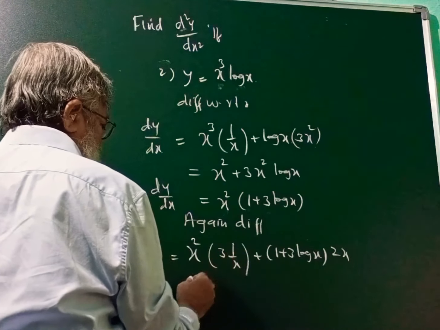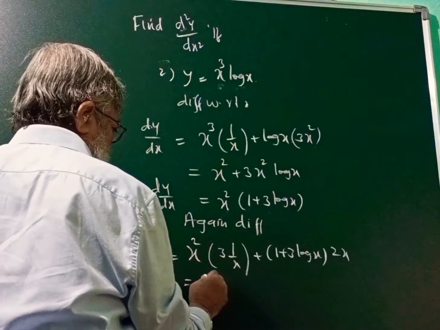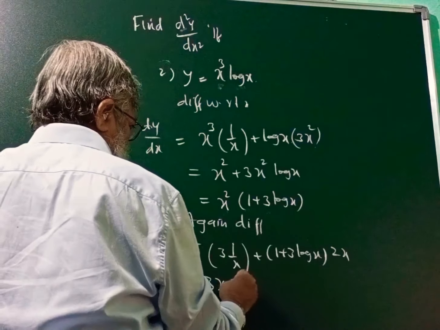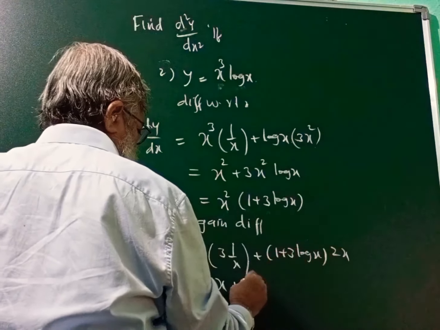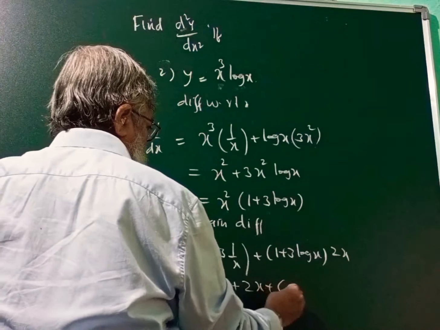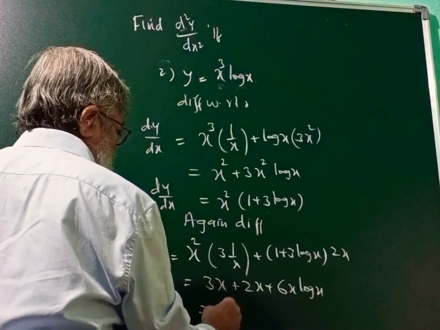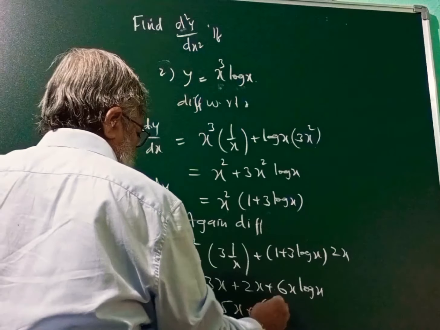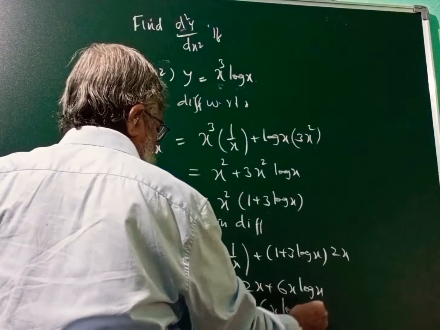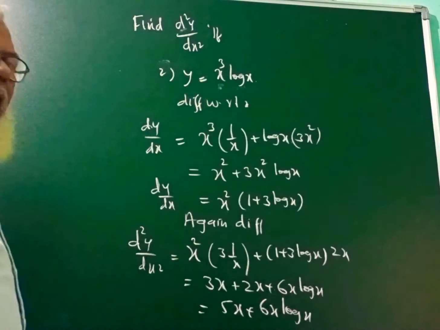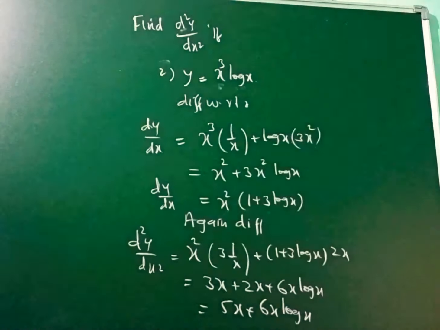Now you see this x we cancel with this, we get 3x plus, if you open the bracket, 2x plus 6x log x, or we can write 5x plus 6x log x is the required double differentiation of the given function.